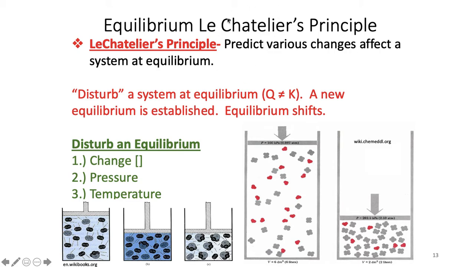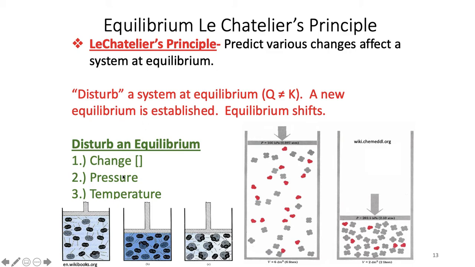Le Chatelier's principle, named after the person who came up with this idea, states that if you disturb a system at equilibrium, the reaction is going to shift in the direction that opposes the disturbance.